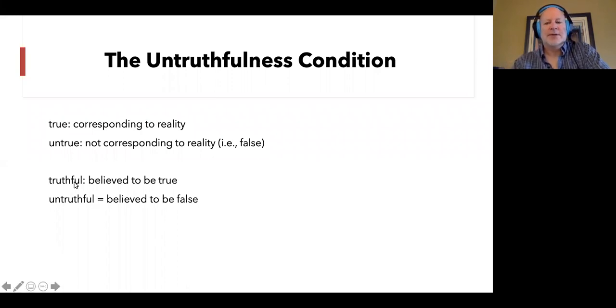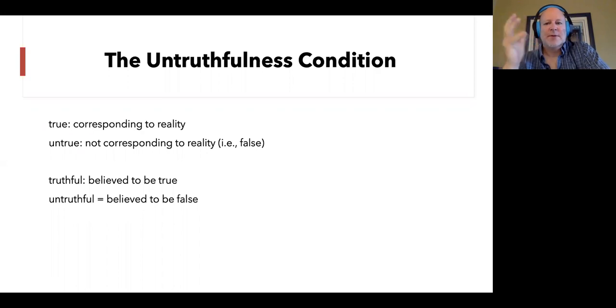To say that a proposition is truthful is simply to say that the person who's asserting that proposition believes that it's true. And to say that a proposition is untruthful is just to say that the person asserting that proposition believes that it's false.